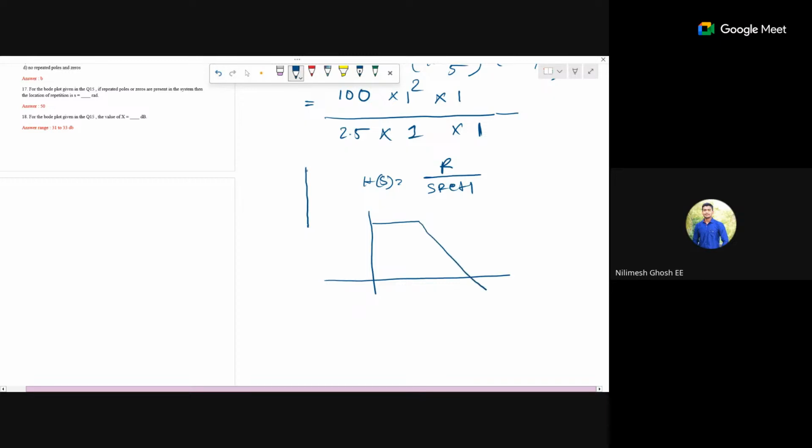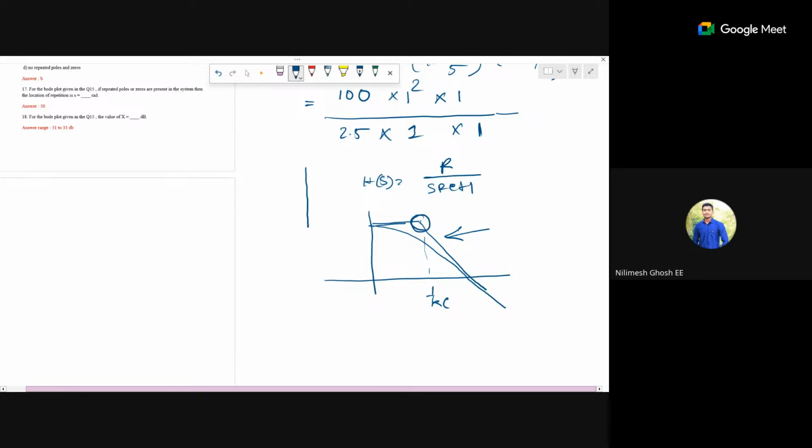Initially there are no poles and zeros. After some time, at 1 by RC, there is a pole, and there will be a minus 20 dB per decade slope. This is the Bode asymptotic plot. The Bode exact plot will look like this; there is no sharp edge like this.